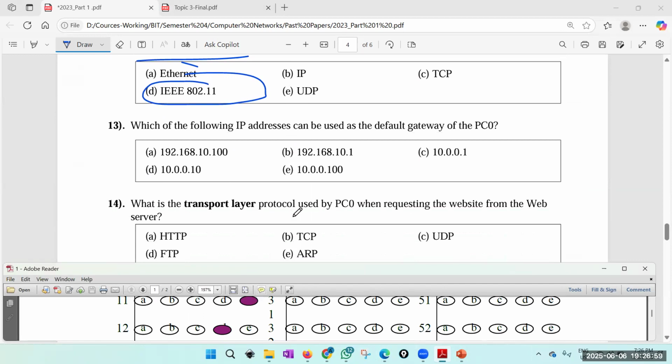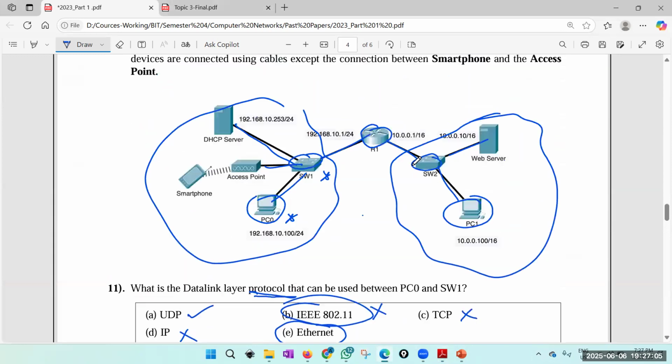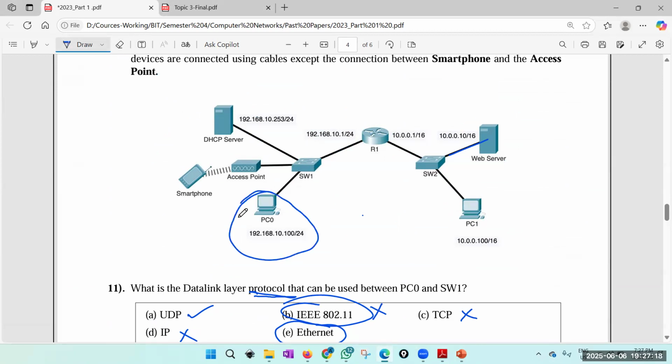13. Which of the following IP address can be used as default gateway of the PC0? So PC0 is this one. Basically, default gateway is if you don't know where to send that data packet, you send to the default gateway.